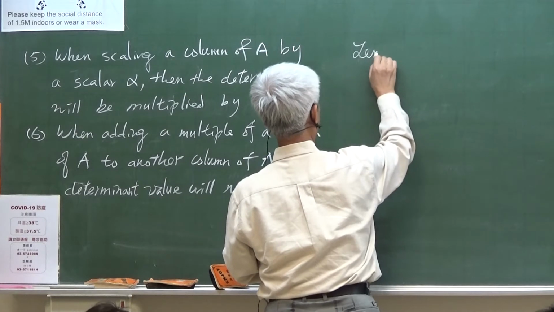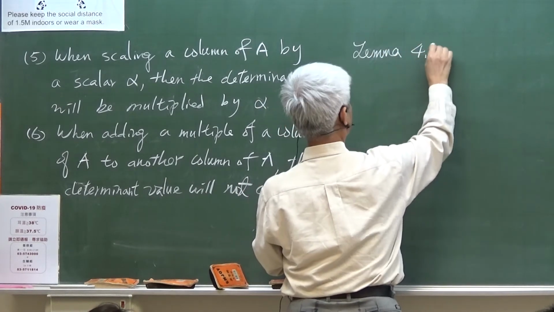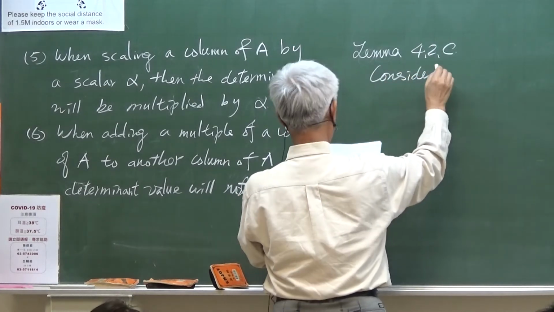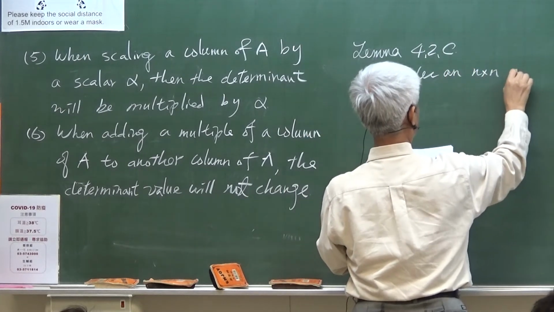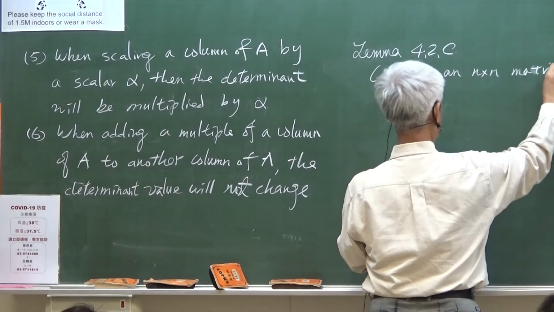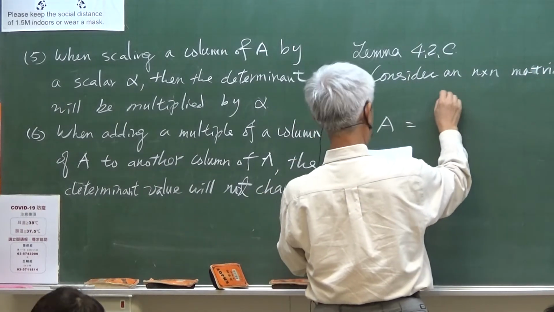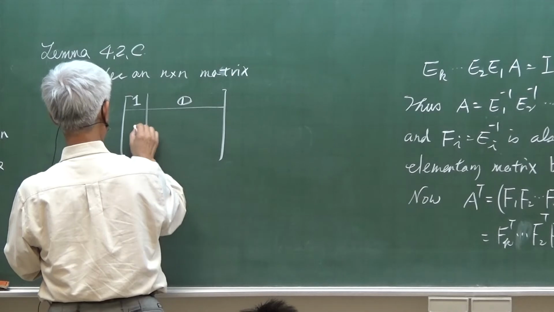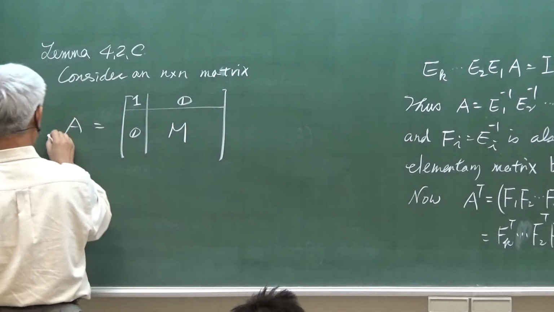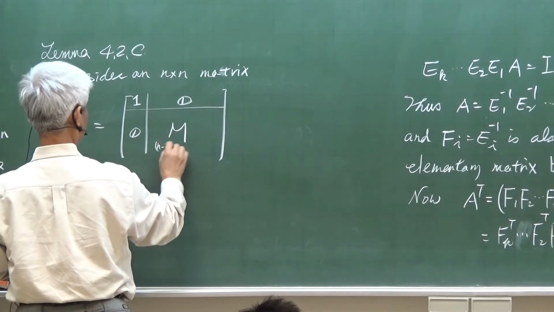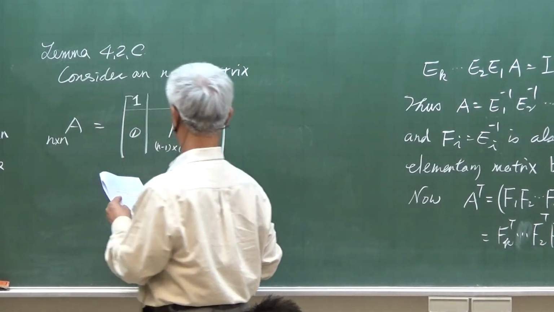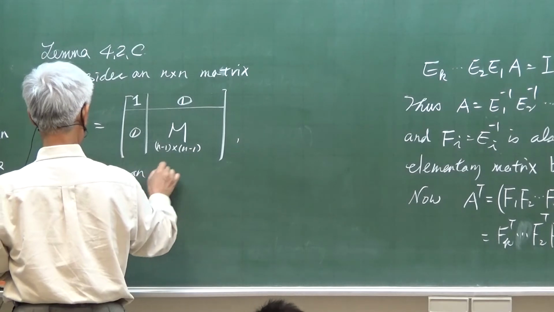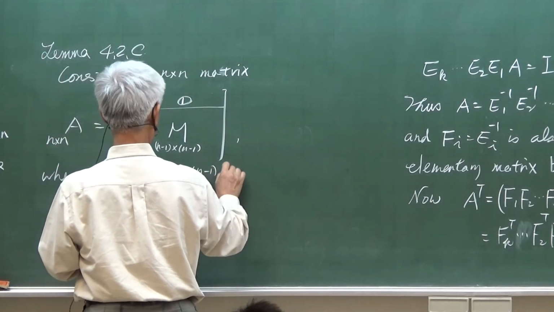Alright, so we give a name, 4.2.C. Now consider a special square matrix A, where M is an n minus 1 times n minus 1 matrix.